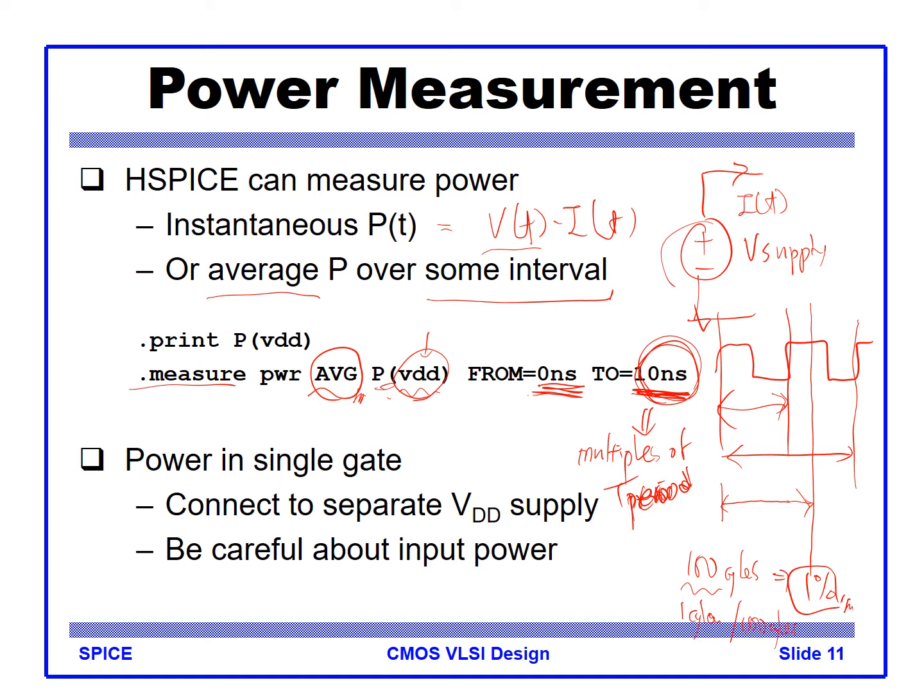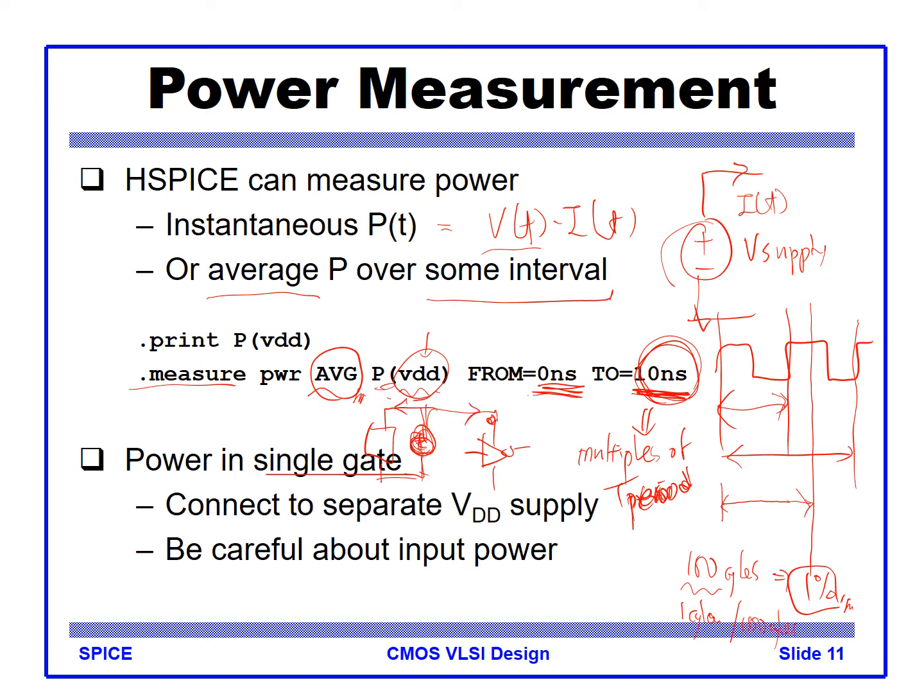So, power in a single gate. If you want to measure the power from a single gate, for example, let's say you have a supply here, and another block or gate is also supplied from this DC supply source, you have to isolate the current measurement.